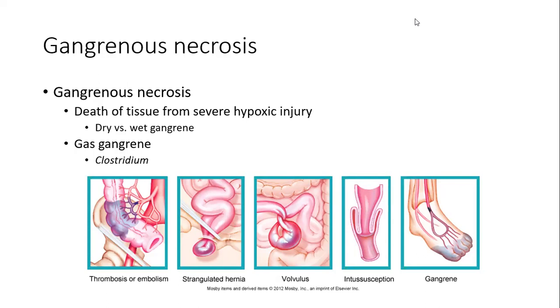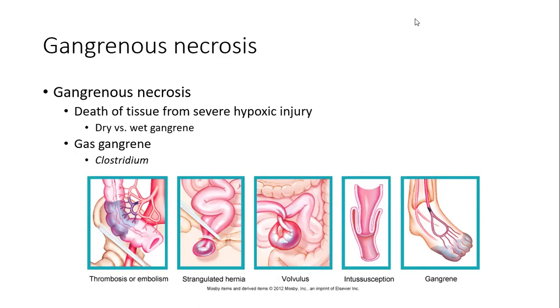Then there's gas gangrene, which is usually caused by Clostridium. The bacteria release toxins and a foul-smelling gas. You can tell a person has it because they have bubbles under the skin and blisters with a smelly exudate.